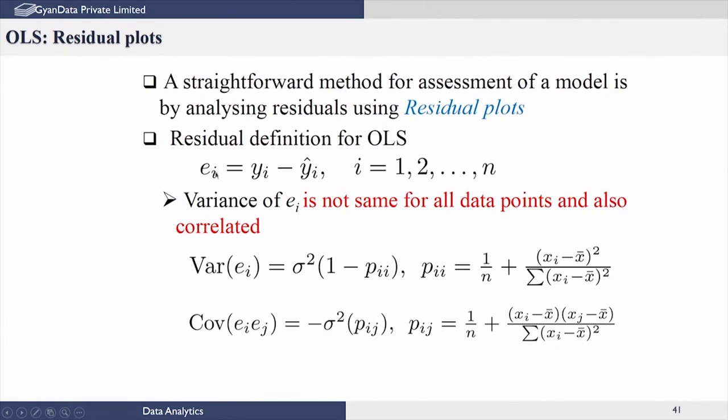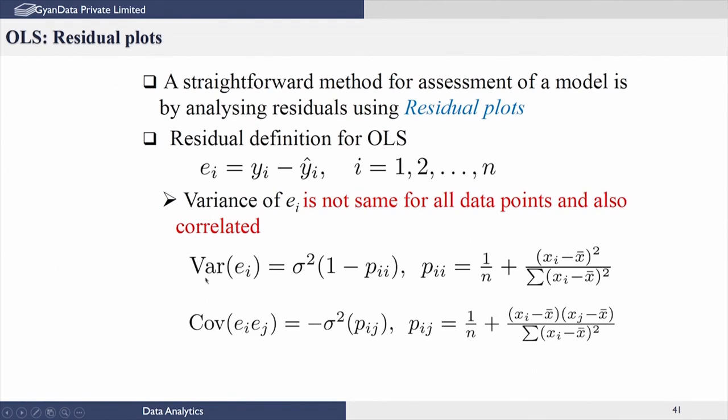Now, we can try to compute the statistical properties of these residuals, and we will be able to show that the variances of these residuals are not all identical, even though we started with the assumption that all errors corrupting the measured values have the same variance, but the residual, which is a result of the fit, will not have the same variance for all data points.